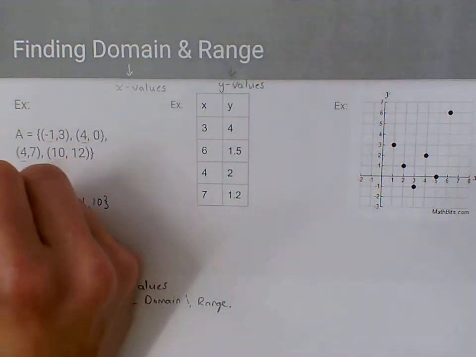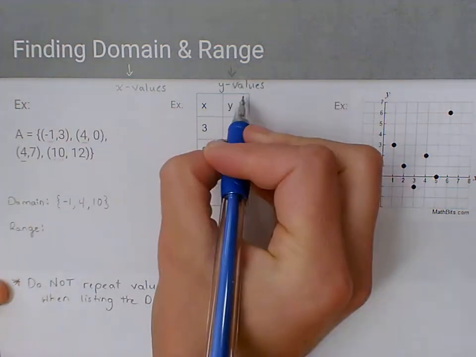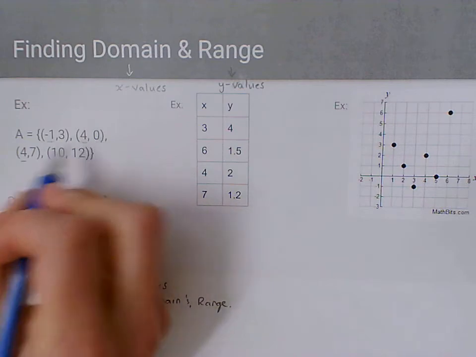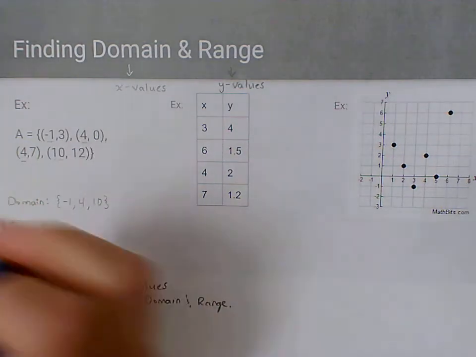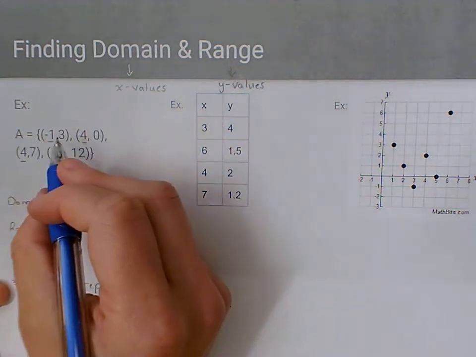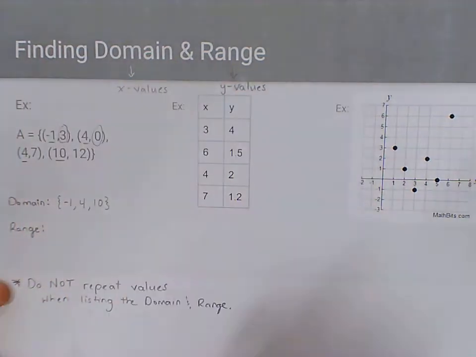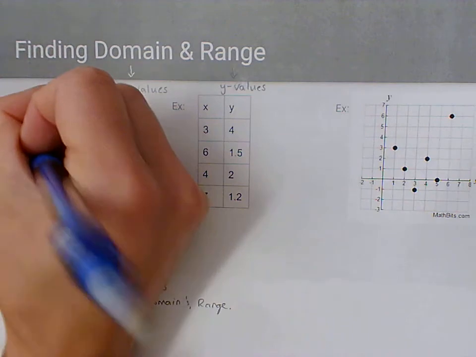Okay, so now the range, that's your y values. So that means you have to go in and list your y values. Okay, and so remember, like I said, we will, in this class, typically write them in order. This is not actually a requirement, but just so that we're together, we'll write them in order. So my y values would be, we got a 3, a 0, a 7, and then a 12.